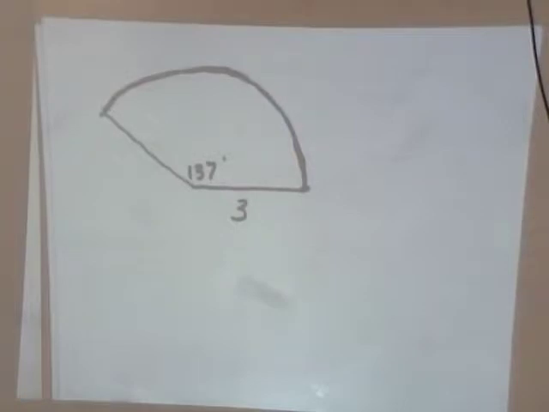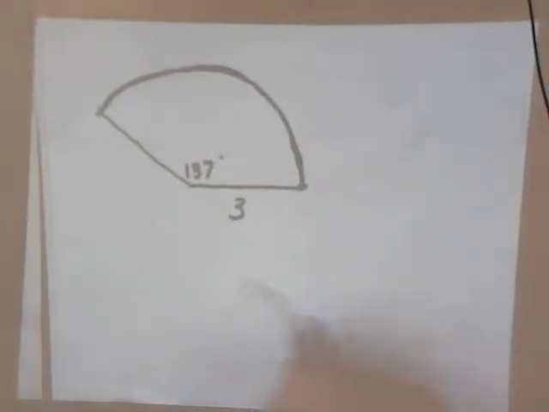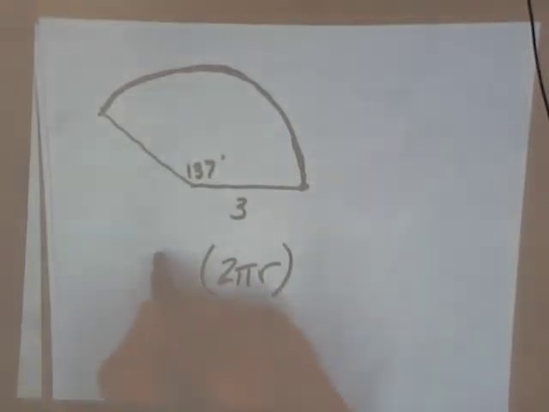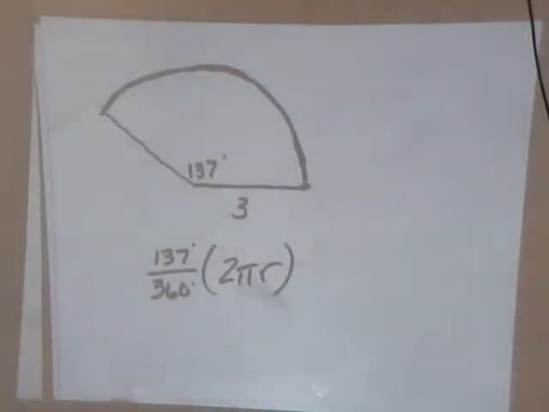Yes. The formula for circumference of a circle is 2 pi r. I don't have the entire circumference though. I only have a fraction of it. So you divide by 360. 137 is what I have out of the whole thing.